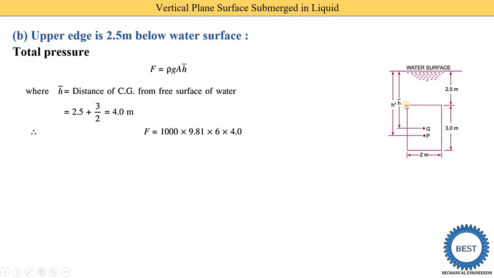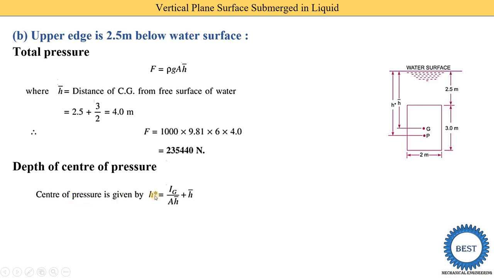First we find the 1.5 from the rectangle, same as the last case. Then we add the height, meaning how much the surface is below the water level, plus D by 2. So we get 4 meters, and the value of F is 235440 newtons.